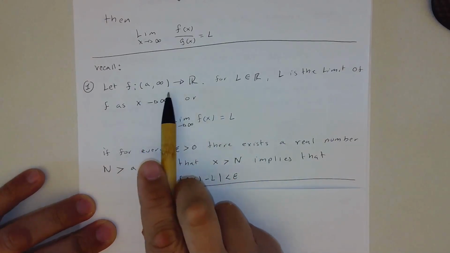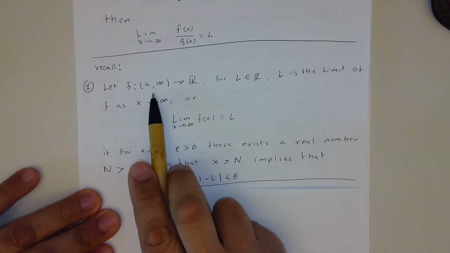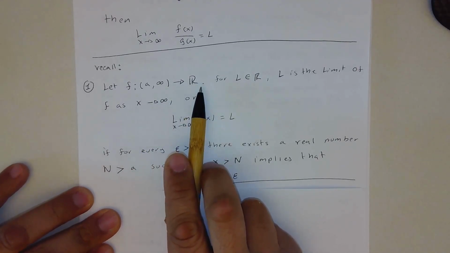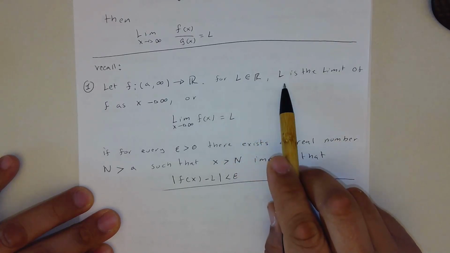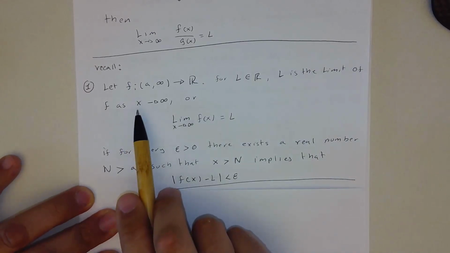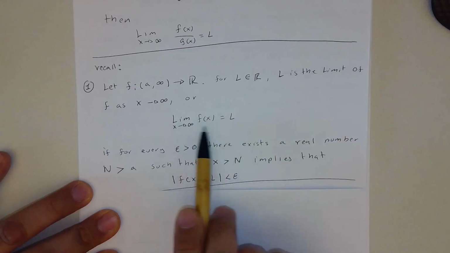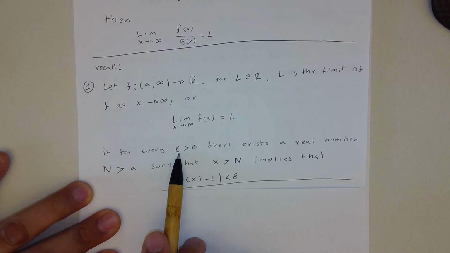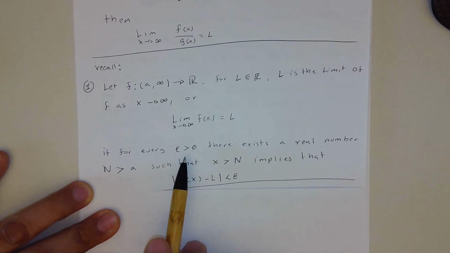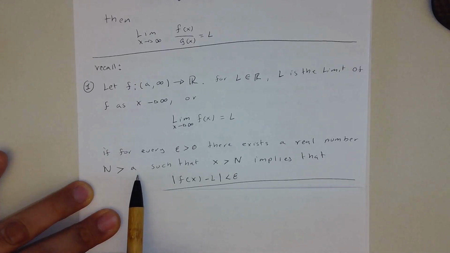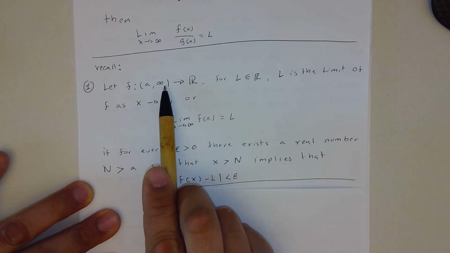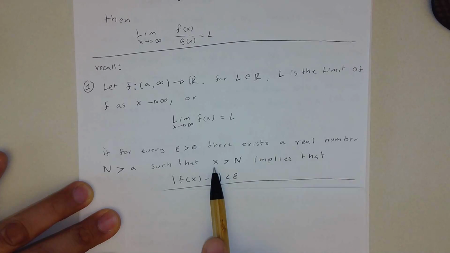Whenever we have a function defined on an open interval between a number a and infinity, to the real numbers, then L, a number in the real line, will be the limit of f as x tends to infinity if, for every epsilon greater than 0, there exists a real number n greater than a such that every x greater than this number implies that this difference is smaller than epsilon.